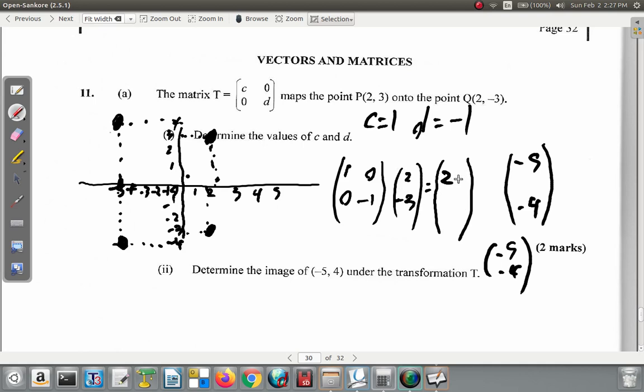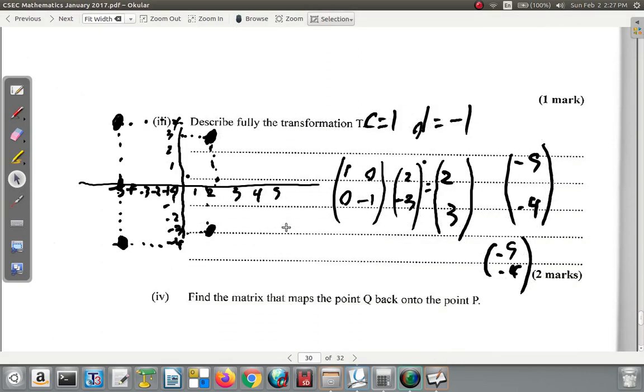In an exam, you should write it up, but I'll just leave it alone here because I don't have a lot of space. 0 times 2 is 0, plus negative 1 by negative 3 is positive 3. So I pass (2, -3) to the transformation, and it goes back to (2, 3). So it is really and truly a reflection over the x-axis.